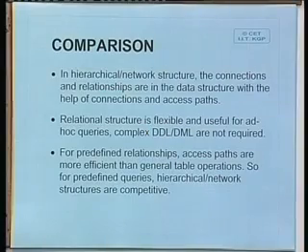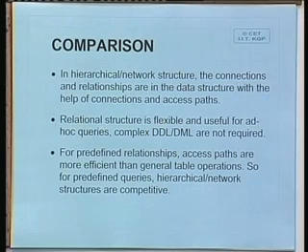Before we come to that, let us see some comparison. This is a comparison of hierarchical network. I have probably said all these beforehand. In hierarchical or network structure, the connections and relationships are in the data structure with the help of connections and access paths, alright.